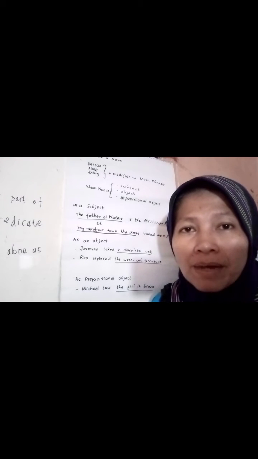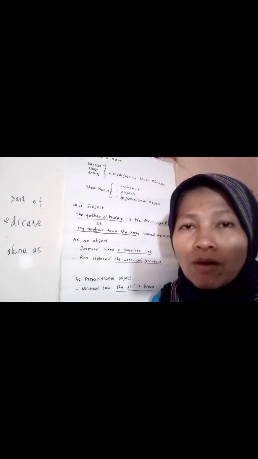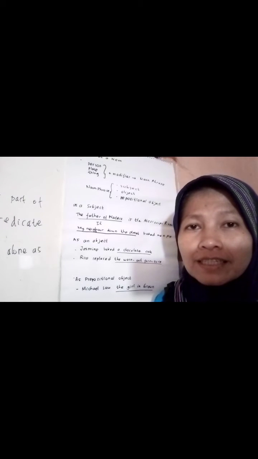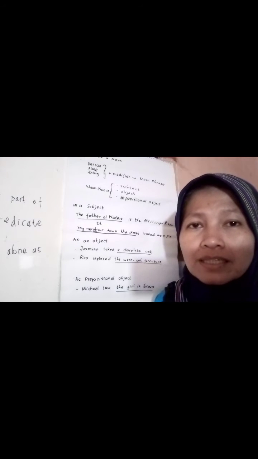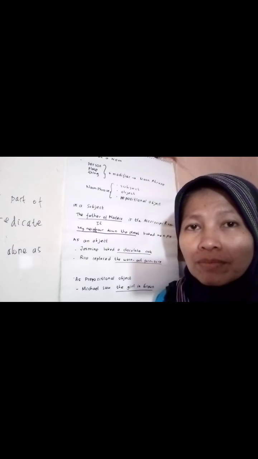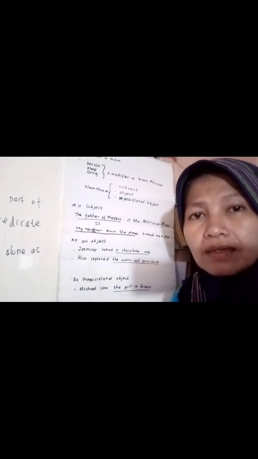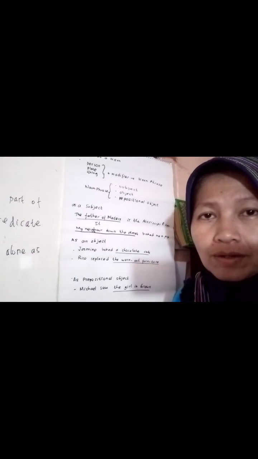A phrase is a bunch of words, or a group of words that work together, and it doesn't contain subject and predicate. In other words, it does not contain a verb. A phrase has its own function.